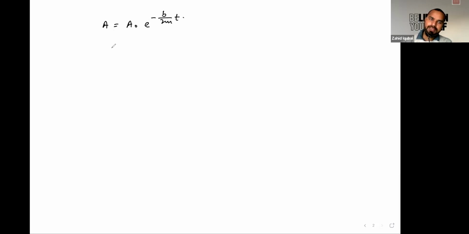Move this A naught to the left side, so you'll get A by A naught equals e to the power minus b by 2m into t. Now, if you reverse this fraction, this negative sign will become positive.